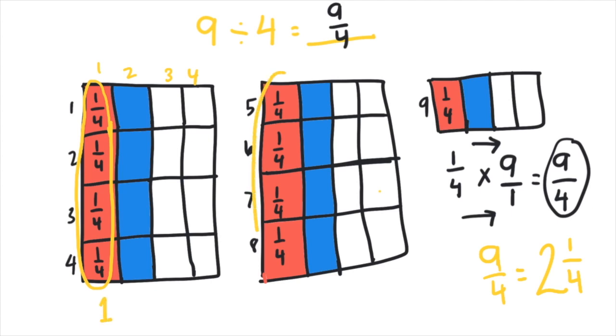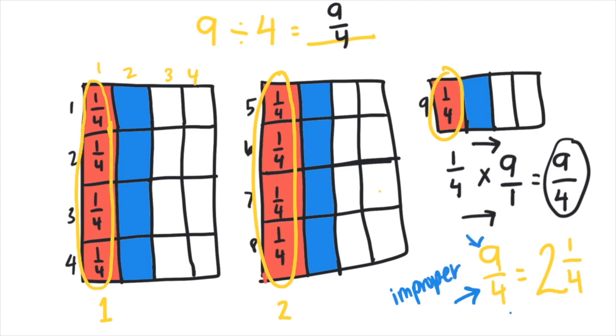I know that these pieces, 4 pieces, make another brownie. That's 2 wholes. And then I have my 1/4 left over. Again, this number right here is called an improper fraction. And it's an improper fraction because my numerator is bigger than my denominator. And then this one is called a whole number.